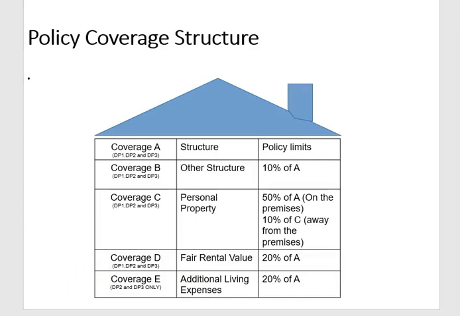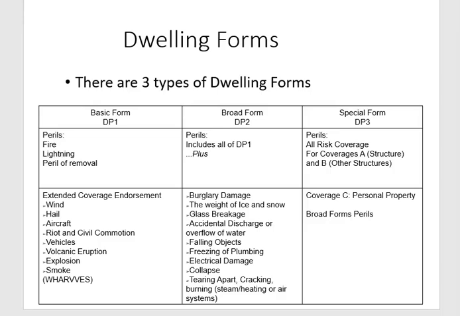Now let's talk about specific dwelling forms. So this is just a brief overview of what we're going to go over. You have three types of dwelling forms. All forms contain some of the same general exclusions and conditions. The difference between the forms are the perils that are covered.